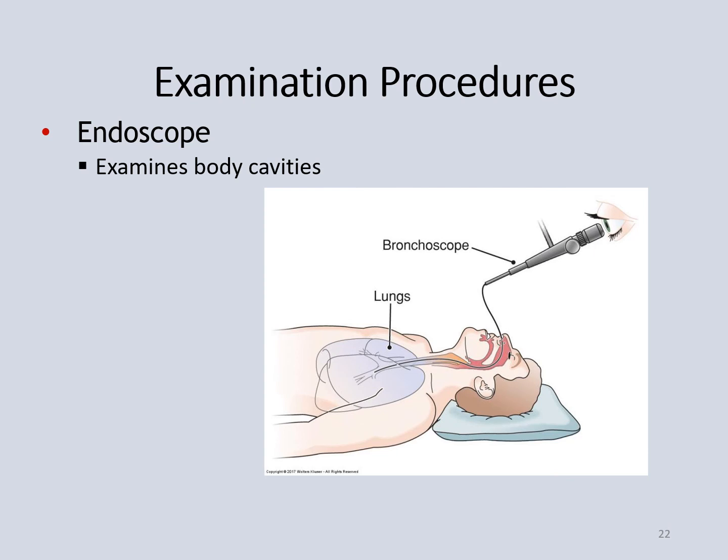So here's another example of an examination using an endoscope. In this case, the bronchoscope, this is an eye up here looking through the scope, has gone down into the broncho, or the lungs, to take a look, looking for lung damage or invasion of cells and mucus and those types of things.